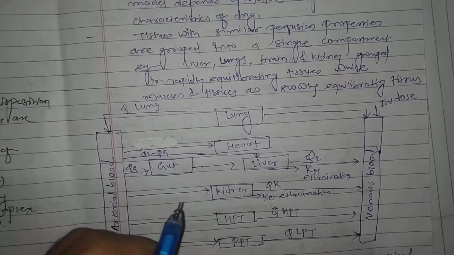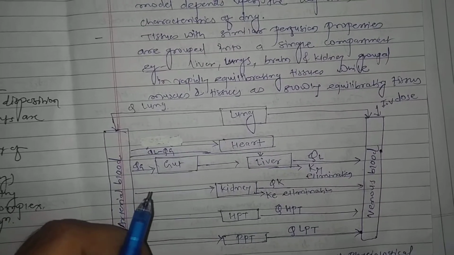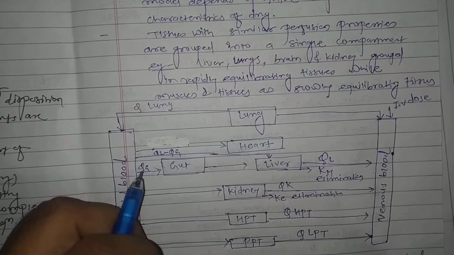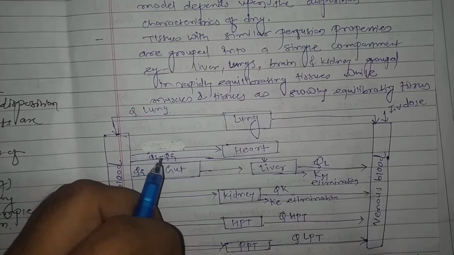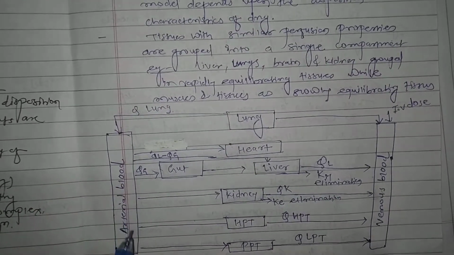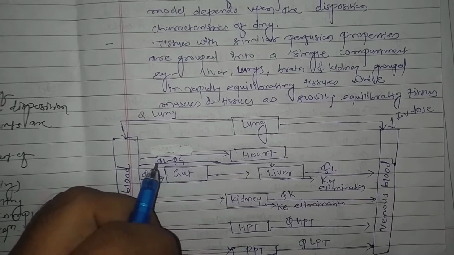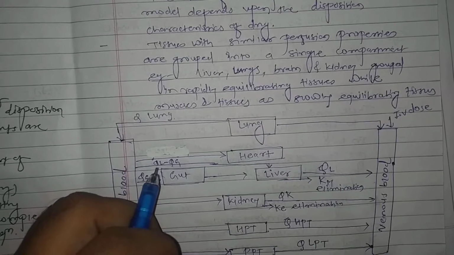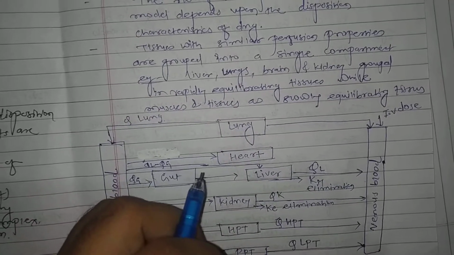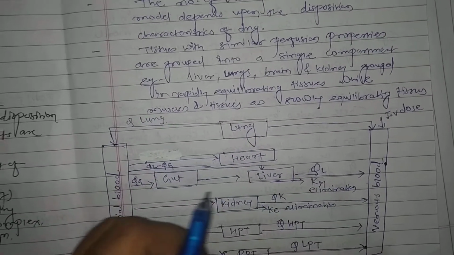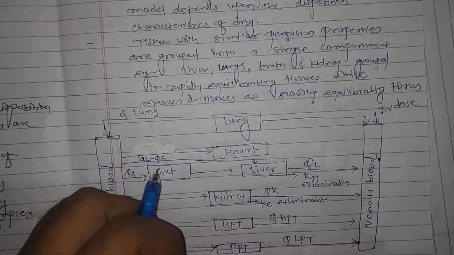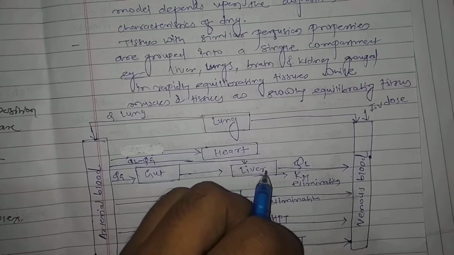So here we can see there is a direction of flow of a drug. This is denoted by Q, that is QL to QG, the flow from the lung to the gut. So this is QL minus QG. Here, from the gut to the liver.